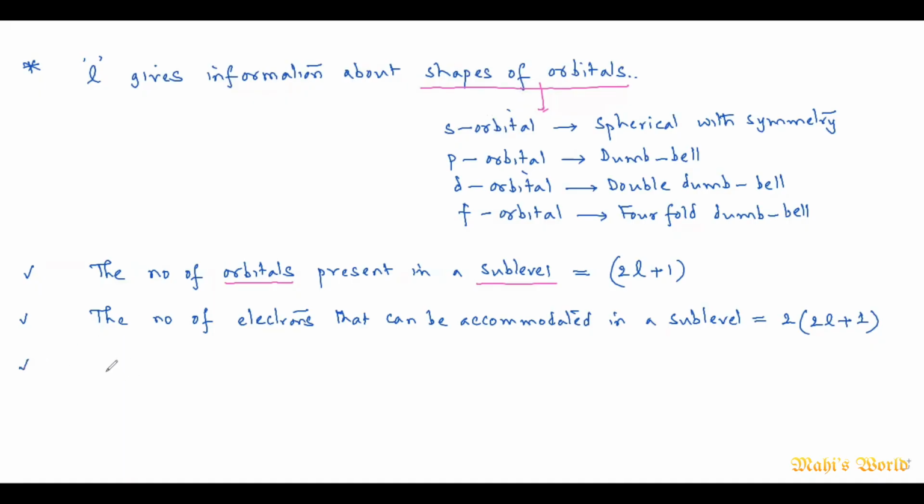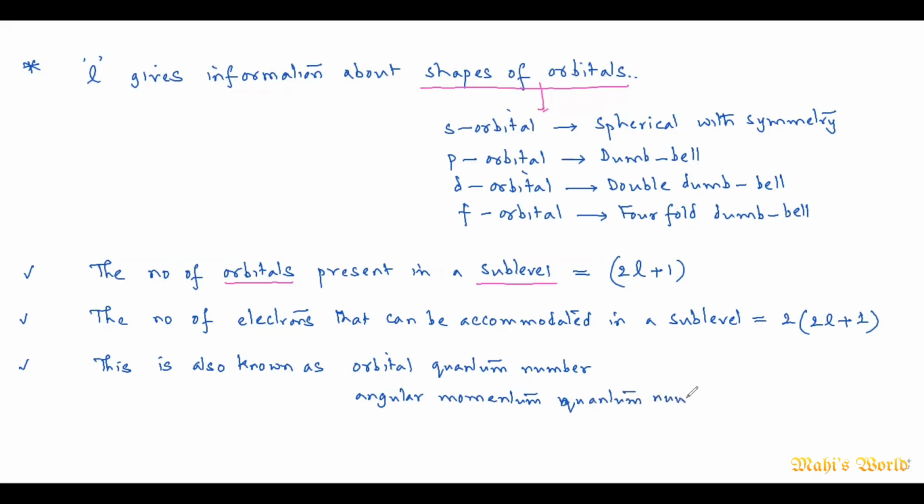One last, this is also known as, azimuthal quantum number is also known as orbital quantum number, angular momentum quantum number, or of course, subsidiary quantum number.